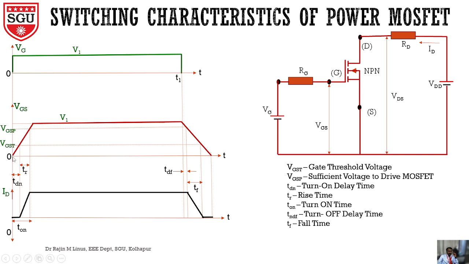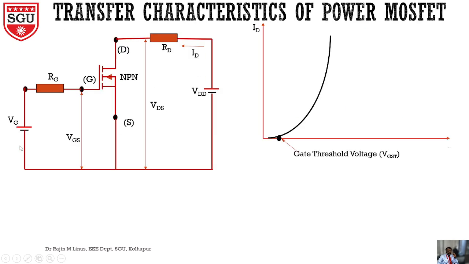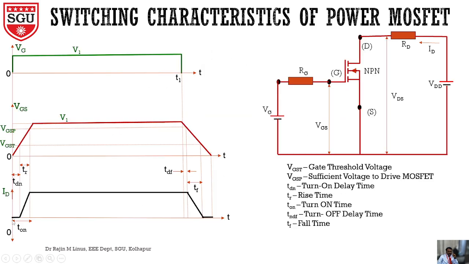That's why, as we saw in the previous characteristics curve, VGS should reach the threshold value VGST, and only then will drain current flow. Same way here, once VGS reaches VGST, the drain current will start to increase. Till then the drain current will be 0, right?